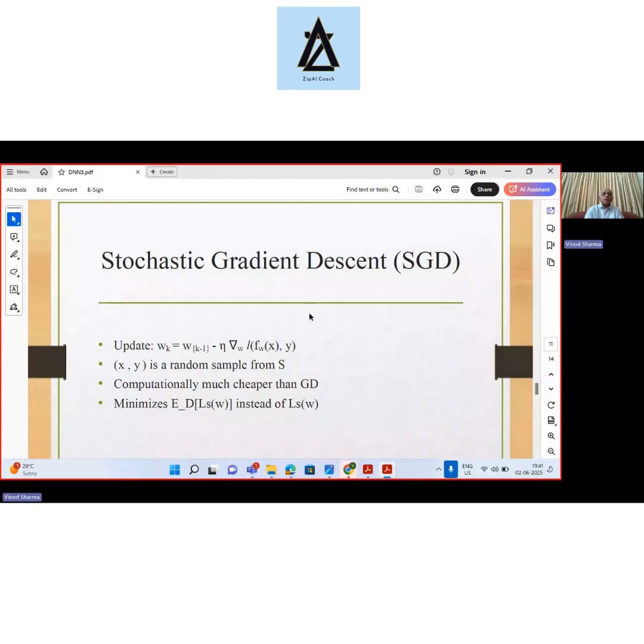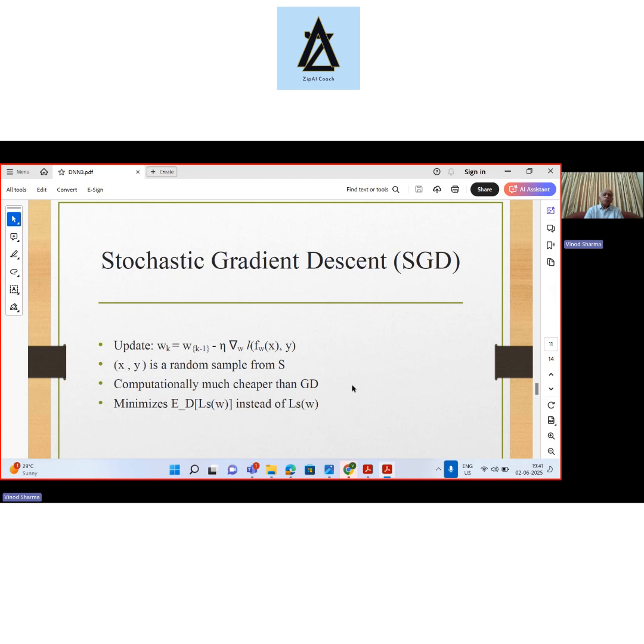So therefore, stochastic gradient descent is computationally far, far less expensive than gradient descent. And in fact, using gradient descent the way it is in training neural networks is practically not feasible.